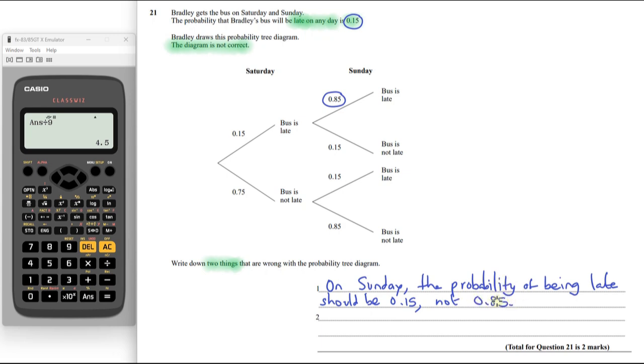We can clearly see what he's done wrong: he's worked out the probability that it is not late, so he's got these two switched around.